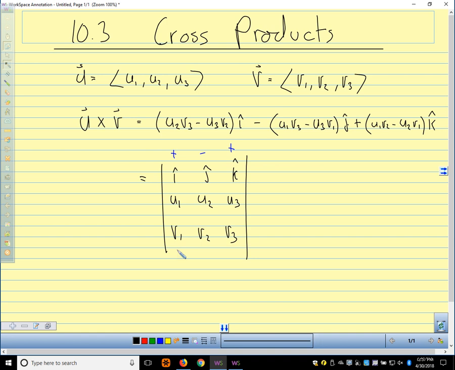So the cross product is not actually a determinant. The determinant is just a way to help us remember how to do it. It's just convenient to think about it in this form rather than in this form. So if we do this, we get this thing. One important thing to see here is that the cross product is a vector.